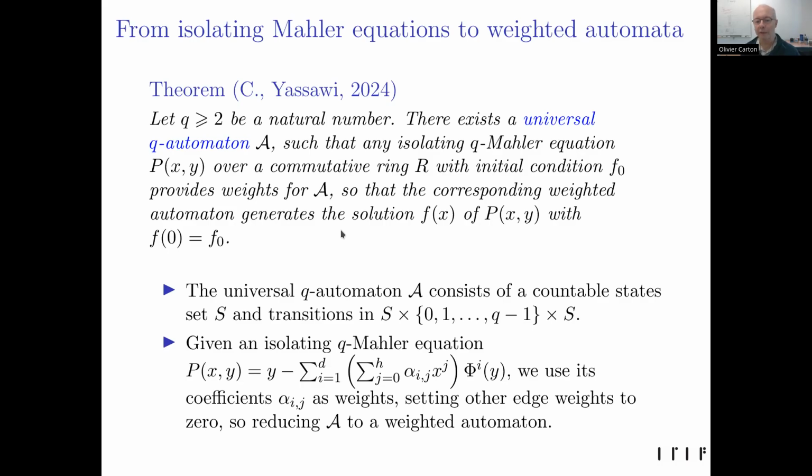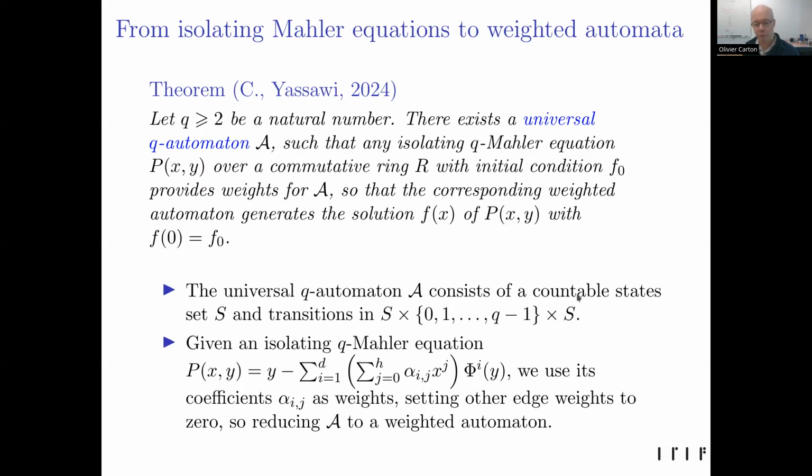And actually, what we have found is that there is what we call a universal automaton. This is an infinite automaton with countably many states and transitions, but it is more or less uniform. For any equation with finitely many coefficients, only a finite part of this automaton is useful to compute the solution of the equation.